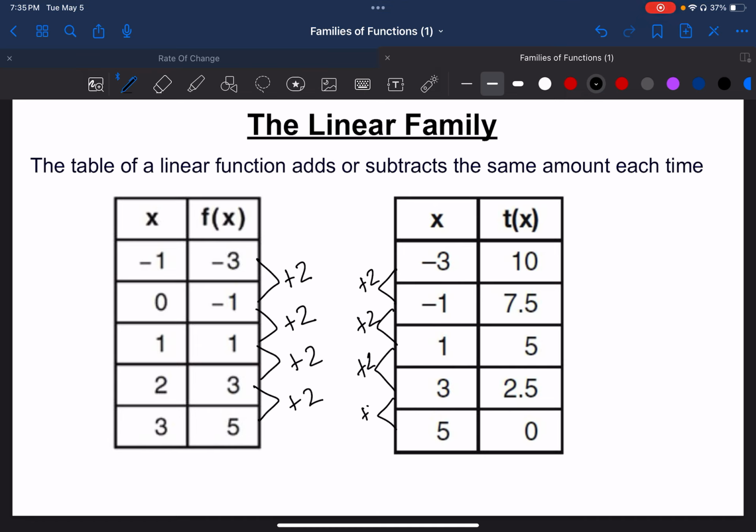So that's okay. Now, the f of x, or the y column, is decreasing, and it looks like it is subtracting 2.5.